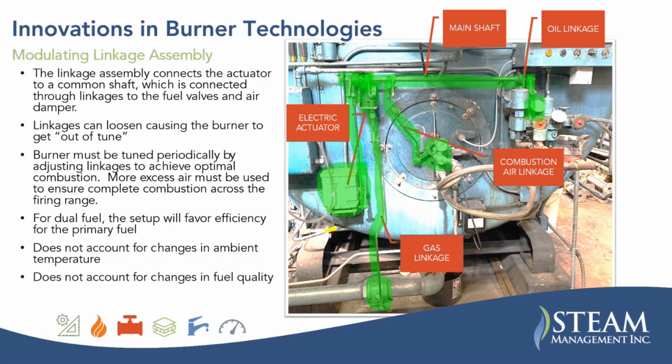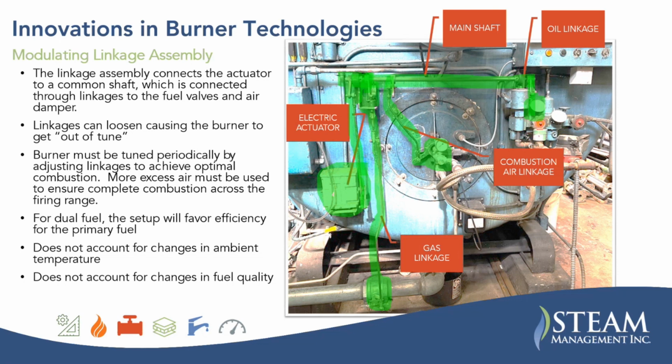This is a modulating control, so there is a continuous range where you can hit all the operating points between low fire and high fire, not in stages, but continuously modulating. But it is a mechanical modulation, so you can't set up your efficiency points to be ideal across the whole firing range.